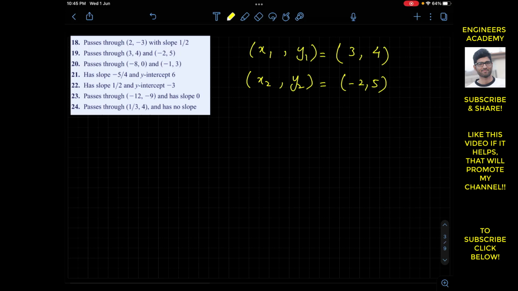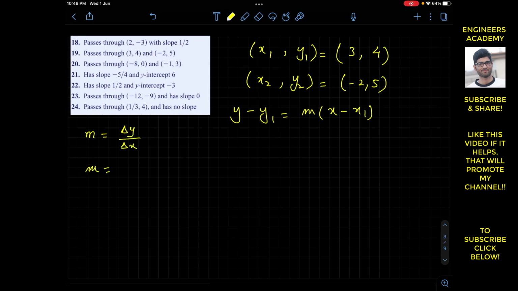Again we can write y minus y1 equals m times (x minus x1). We can plug in any one of these 2 points in this equation, but first we have to find the slope. Now we know that the slope is the change in y, that is rise, divided by run.